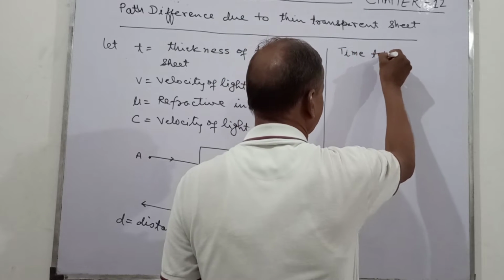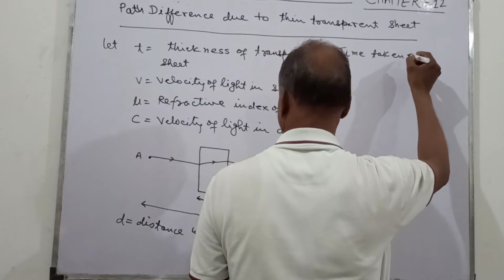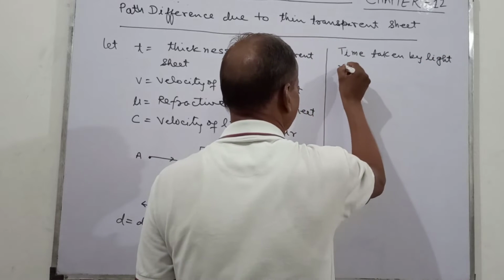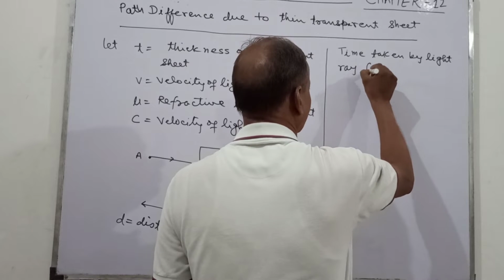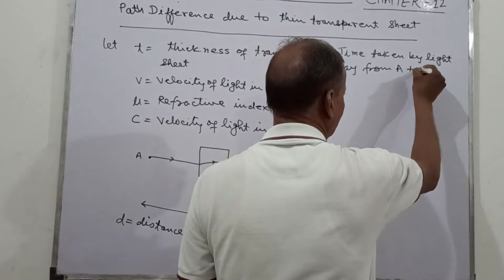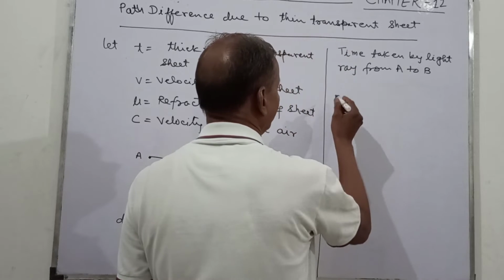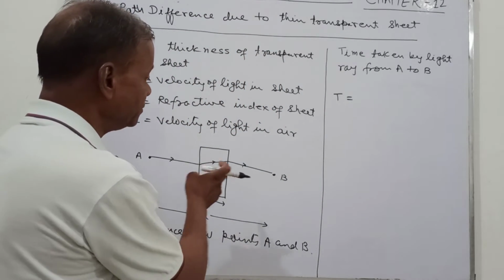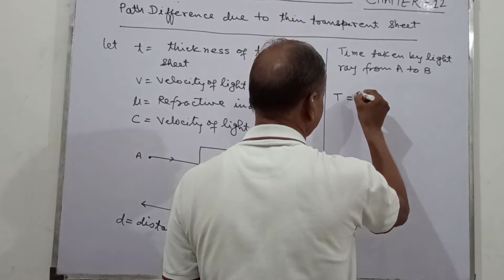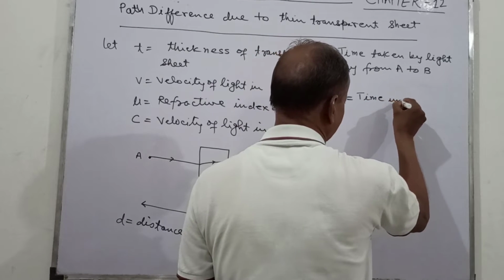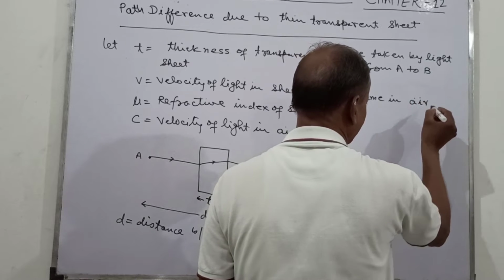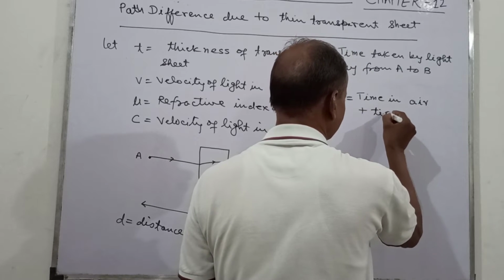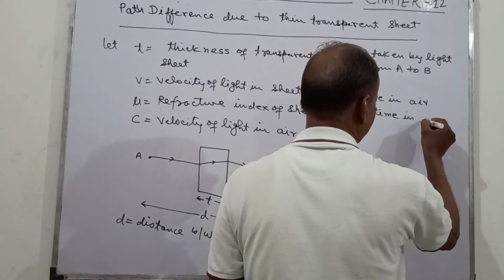Time taken by light ray from A to B: this T is equal to time in air plus time in sheet.